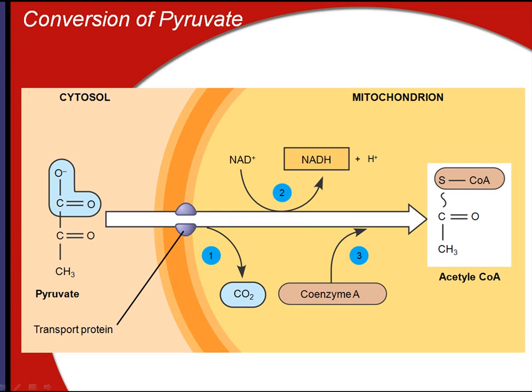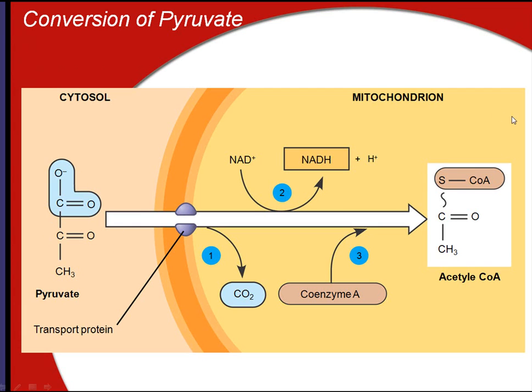The transition step of glucose occurs when we transport the pyruvate across the outer membrane, the intermembrane space, and the inner membrane of the mitochondrion. These steps are a nice little process of reactions. We have here pyruvate.